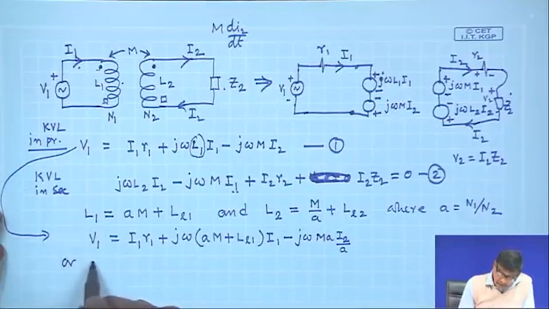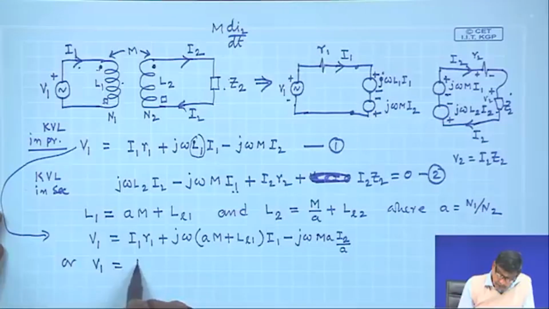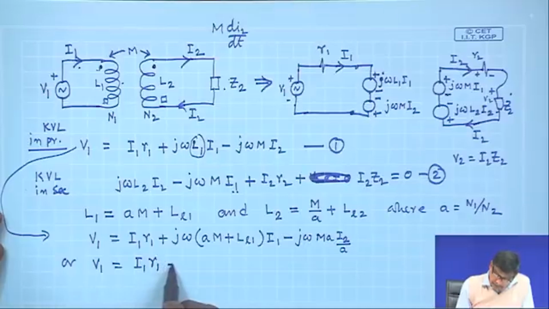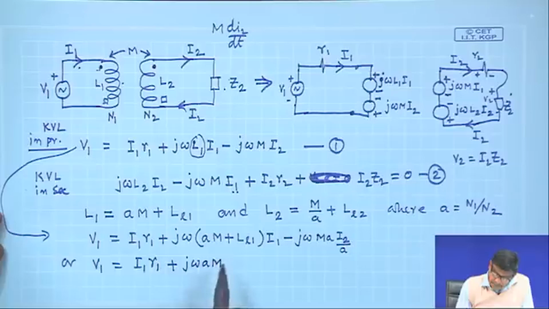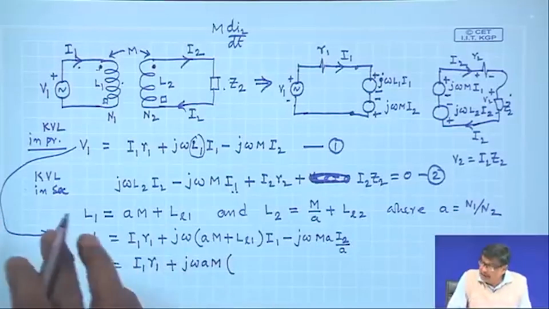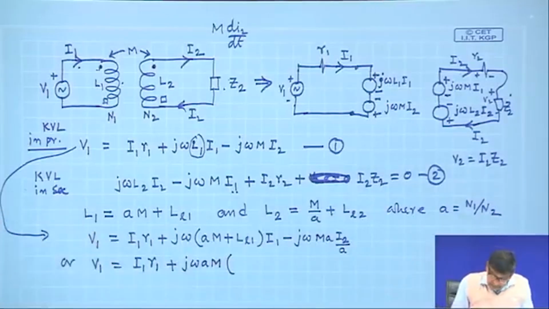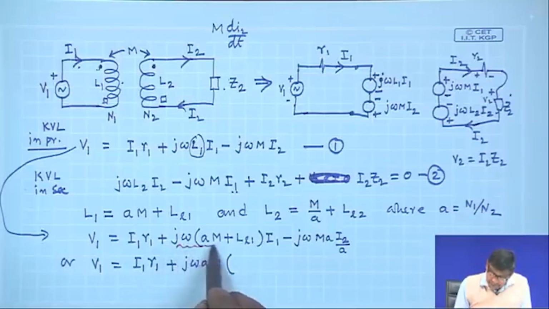Then V 1 is equal to I 1 into R 1 plus j omega A M. You see, j omega A M occurs here and also occurs here.